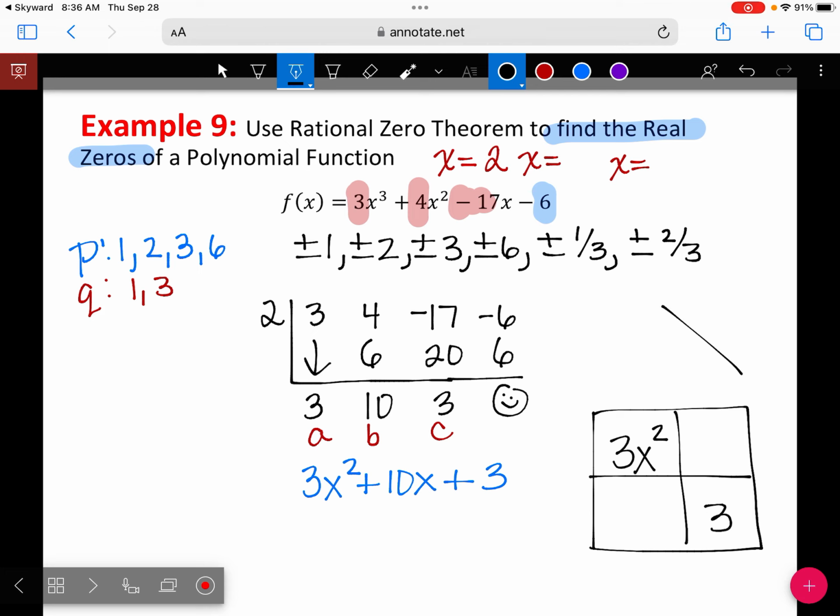You would need 2 numbers that multiply to 9 and add to 10. So that would be 1 and 9. Go ahead and finish it out.